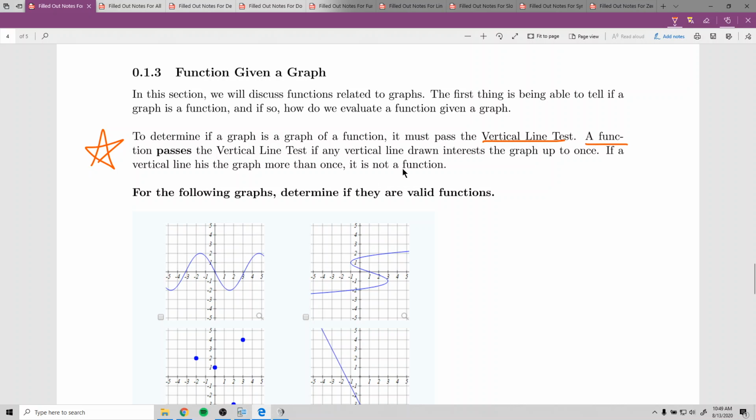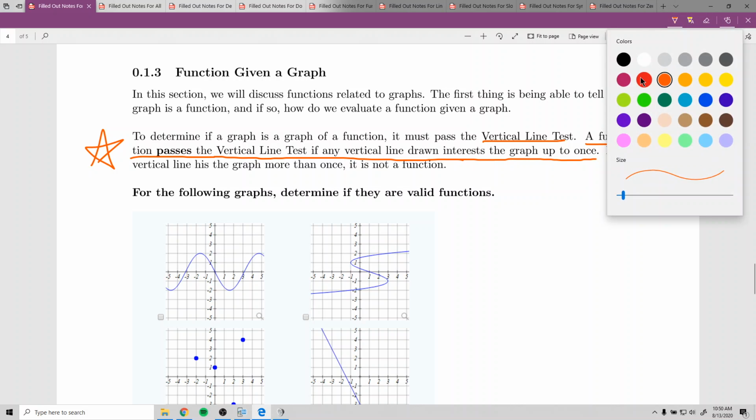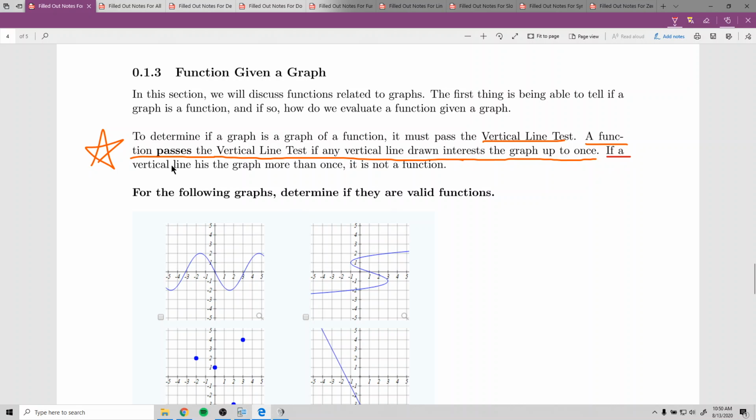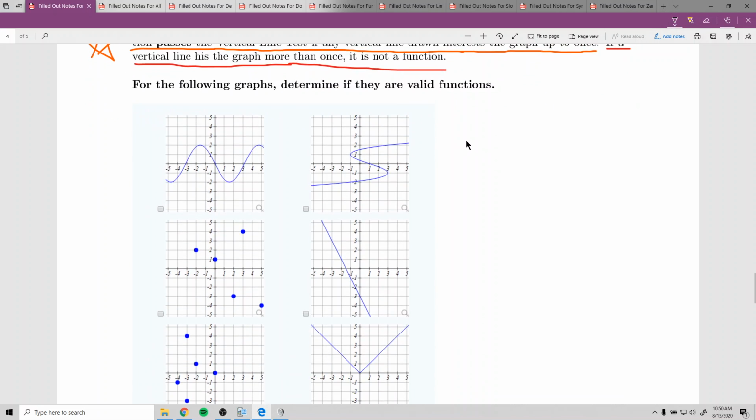And we say a function passes the vertical line test if any vertical line drawn intersects the graph at most once. So if we draw a vertical line and it hits the graph more than once, it is not a function. Right, so I'll kind of illustrate that with these problems.